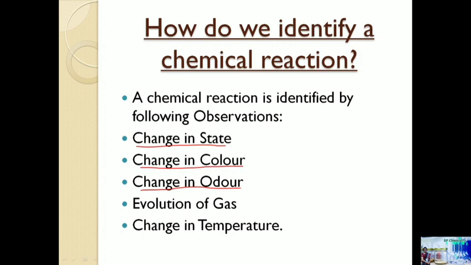When food is cooked, when grapes get fermented, also we observe change in odor. Chemical reaction may be accompanied with evolution of gas and change in temperature. So these are the observations by which we can identify a chemical reaction.